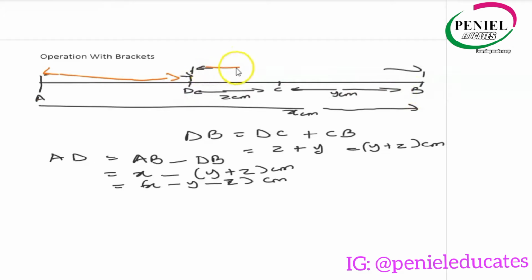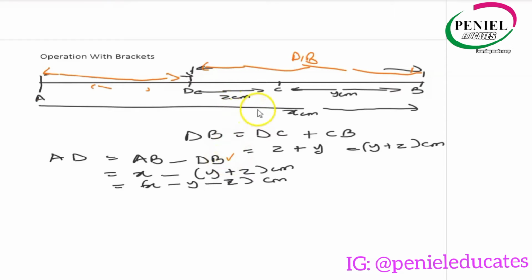This is D, and from here to here is DB, and from here to here is AB. So for us to have our line AD, we must do AB minus DB, which is what we have gotten here.